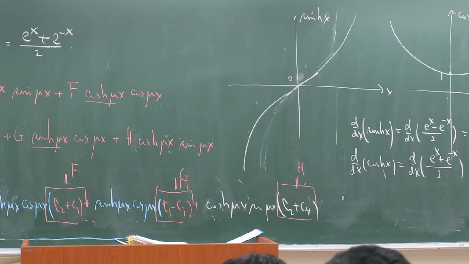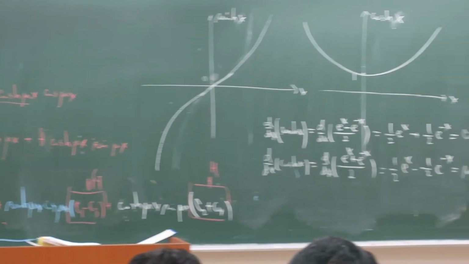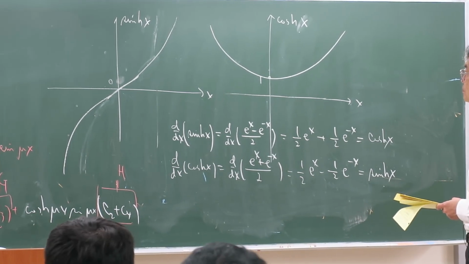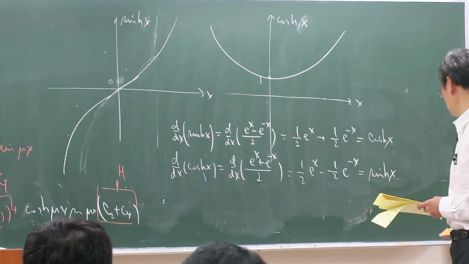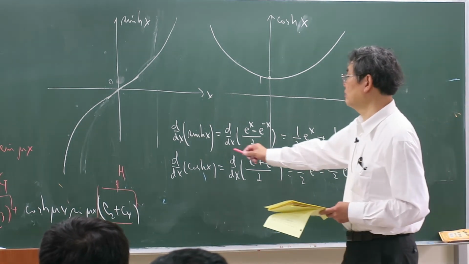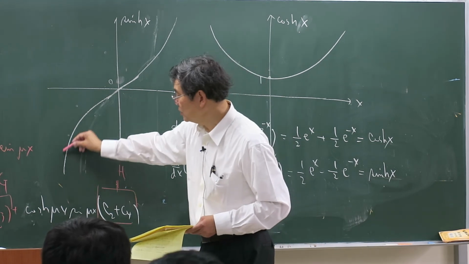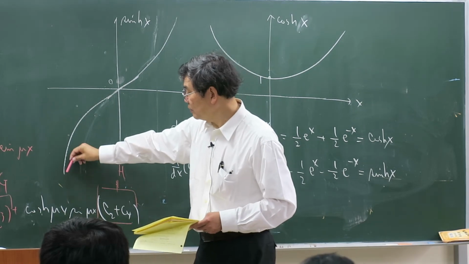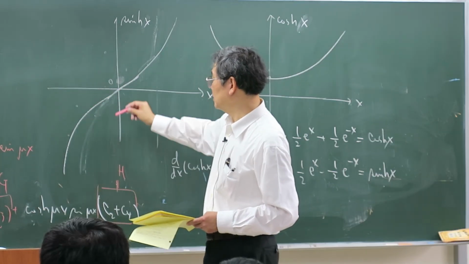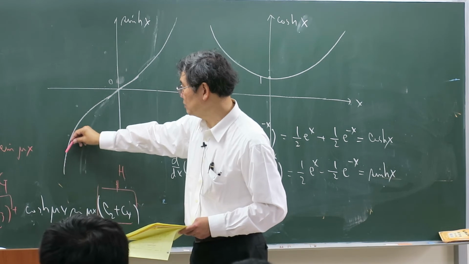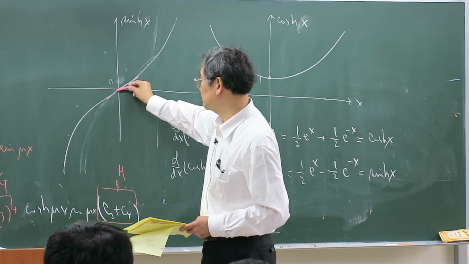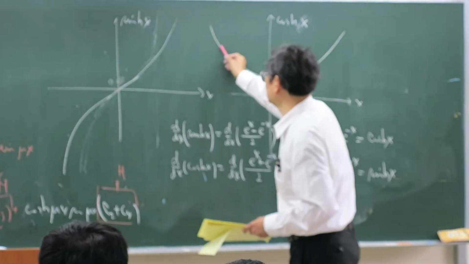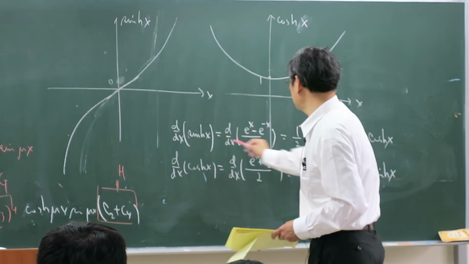Okay? So you can see the derivative of this one is the slope getting to 0, okay? From positive getting to a constant slope, then increasing slopes, just like this. So the derivative of this will be cosine.